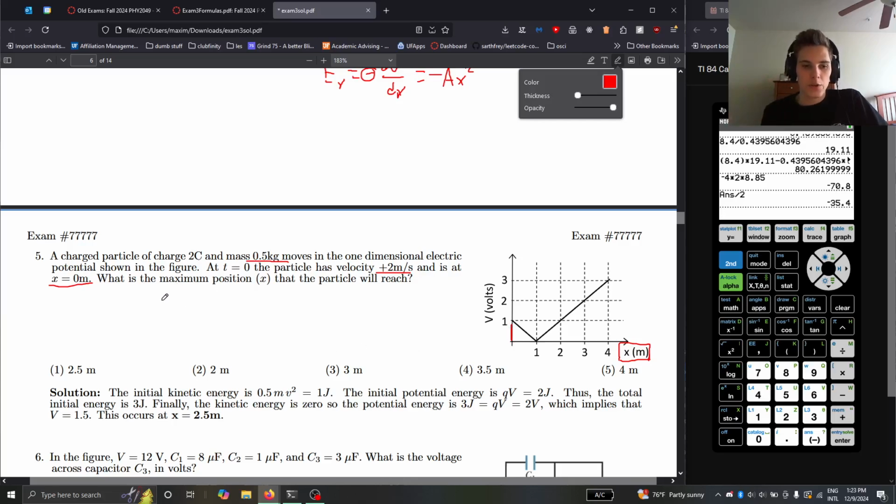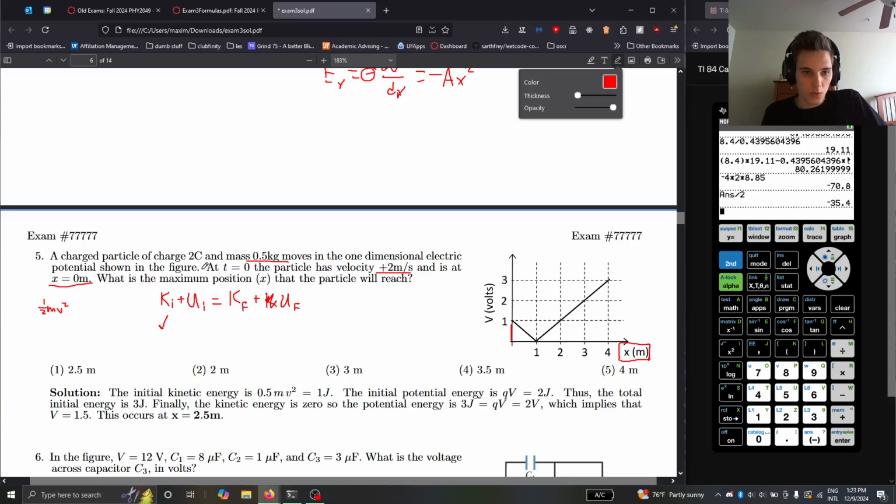Conservation of energy says that the kinetic energy at the starting point plus the potential energy at the starting point is equal to the kinetic energy at the endpoint plus the potential energy at the endpoint. Initial kinetic energy is equal to 1/2 mv squared, and at this point we have m and we have v, so we can calculate this.